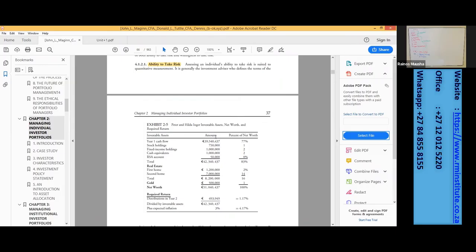And the other investable assets that they have are the stock holding of 750,000, fixed income holding of 1 million, cash and cash equivalent of 1 million, and the RSA account, which is sitting with 50,000. So their total investable assets is 42,340,437.